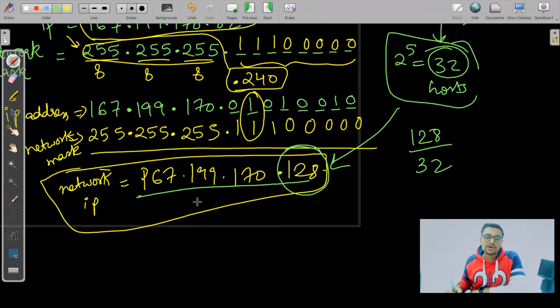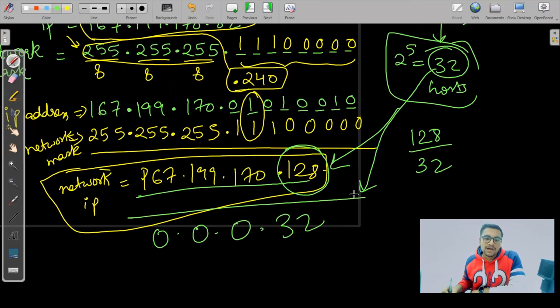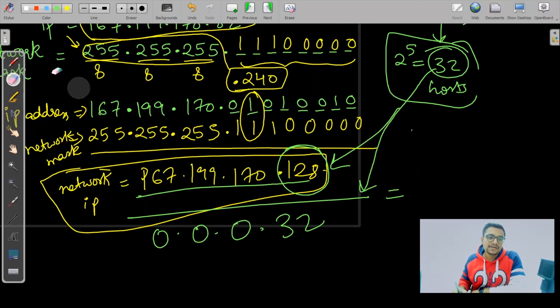What I am trying to say is, if you convert it into the dotted decimal form, it will be 0.0.0.32, and it should be completely divisible, leaving a remainder of 0. If I divide it right now, it will give me a remainder of 4.